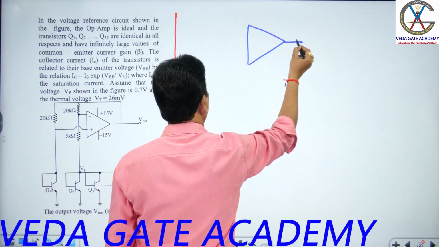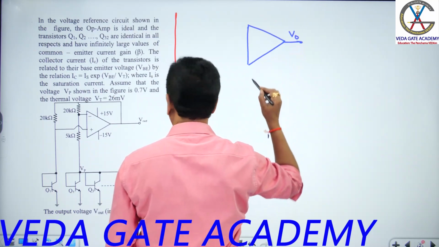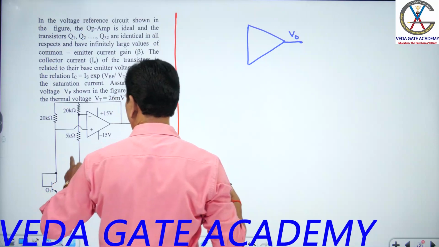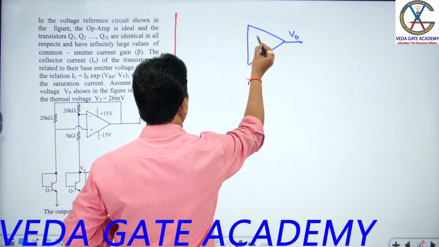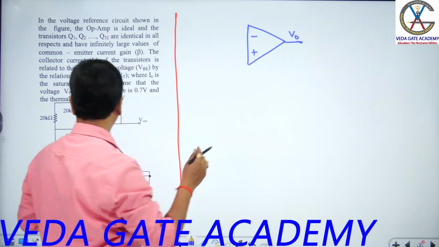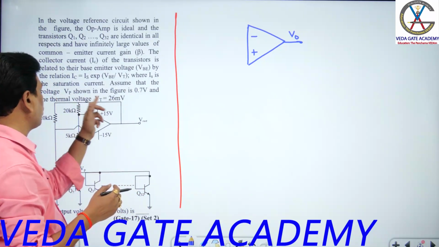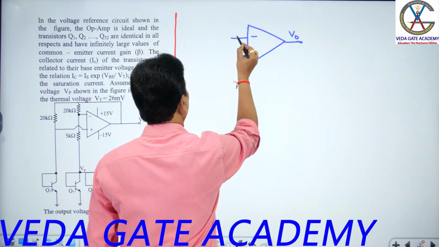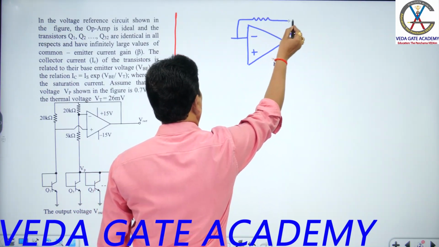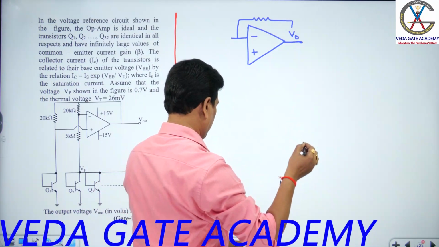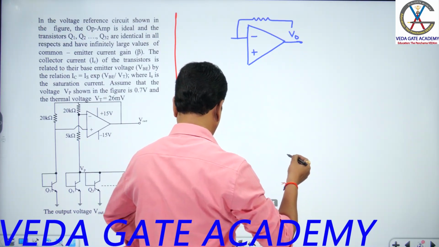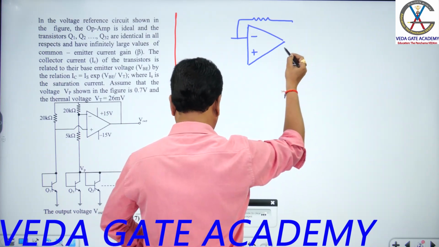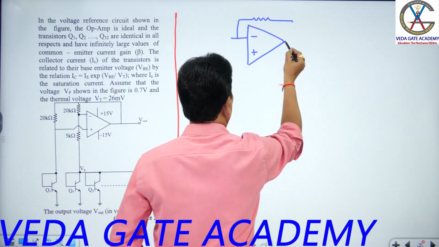This is my op-amp. I want the output V0, students. This is the inverting node and this is the non-inverting node. From the inverting node to the output, there is a 20 kilo ohm resistor.